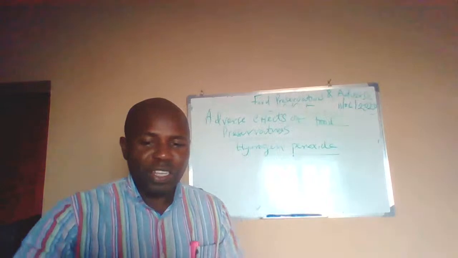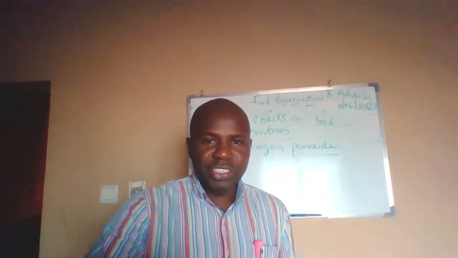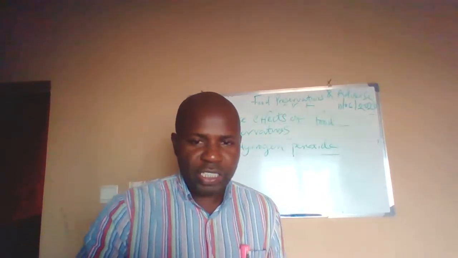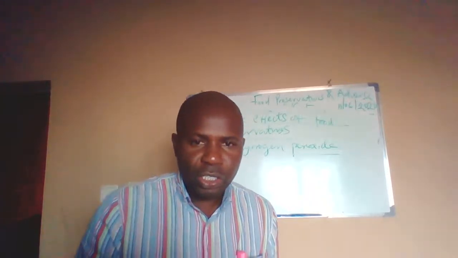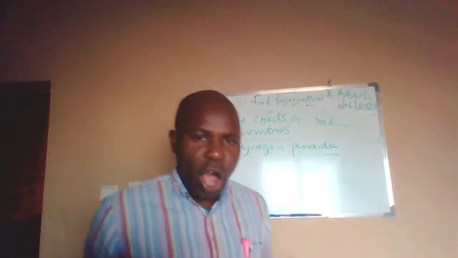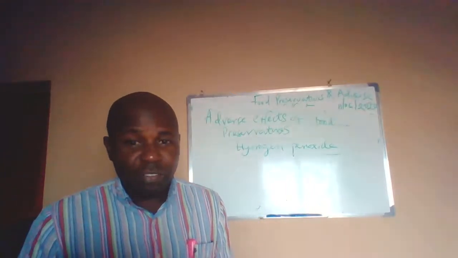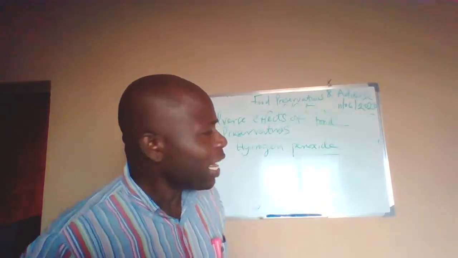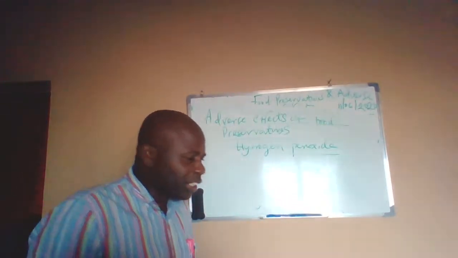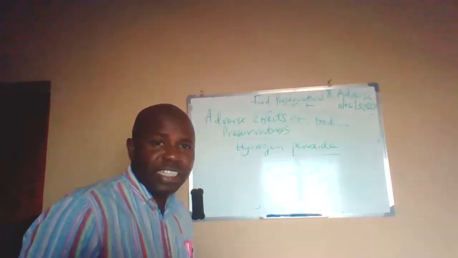These radicals are very dangerous to the body system because they will cause damage to the gene. They will cause damage to the lipids. And at the end of the day, this can lead to cancer cell growth in the body system.